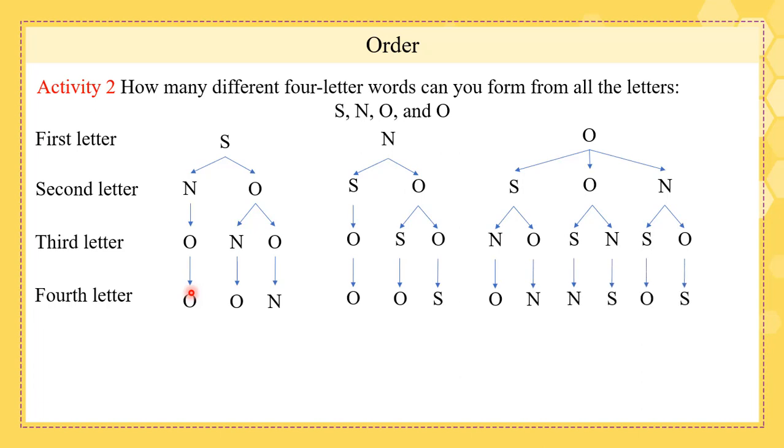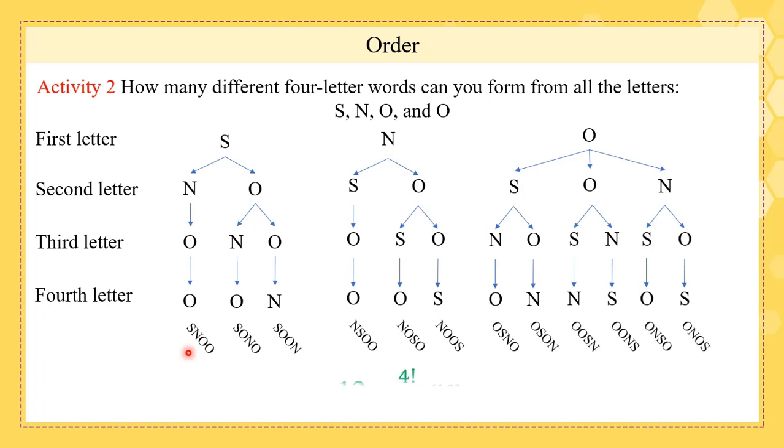Now we are not interested in the letters S, N, and O, we are interested in the number of words. So we will have this word, this is the second, the third, 6, 7, 8, 11, 12. We're going to have 12 words.